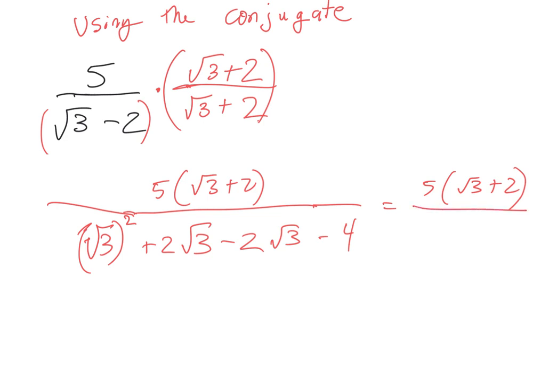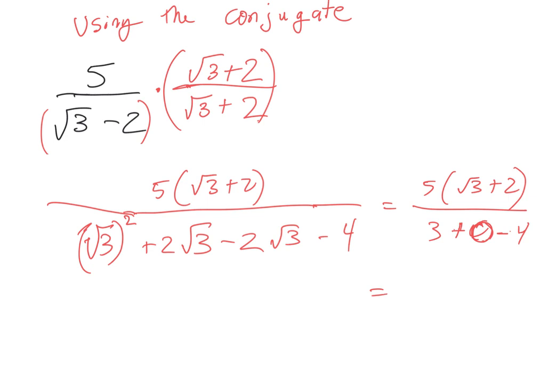In the denominator, I have the square root of 3 times the square root of 3, which is the square root of 3 squared. Square root of 3 times square root of 3 is just 3. I have plus 2 root 3 minus 2 root 3. They add to 0. And then I have minus 4. So plus 0, minus 4. My pen is not working. There we go.